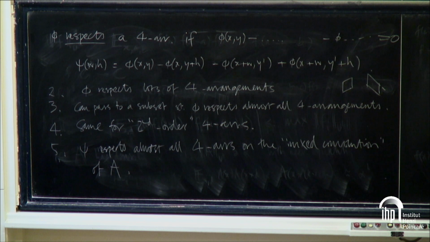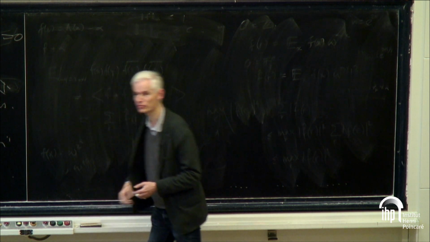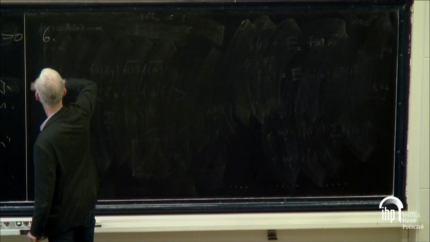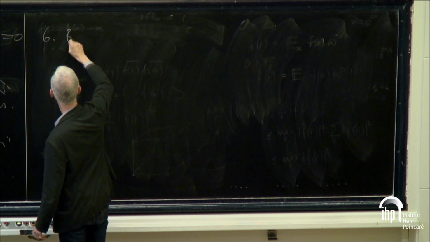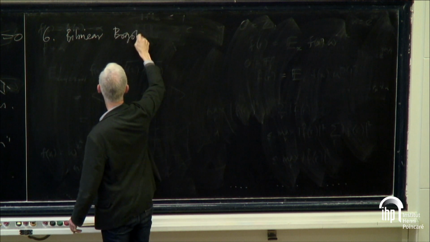We need to get some sort of information about what mixed convolutions look like. And this is a bilinear generalization of a very useful tool in additive combinatorics. It's called Bogoliubov's method, so a bilinear Bogoliubov.